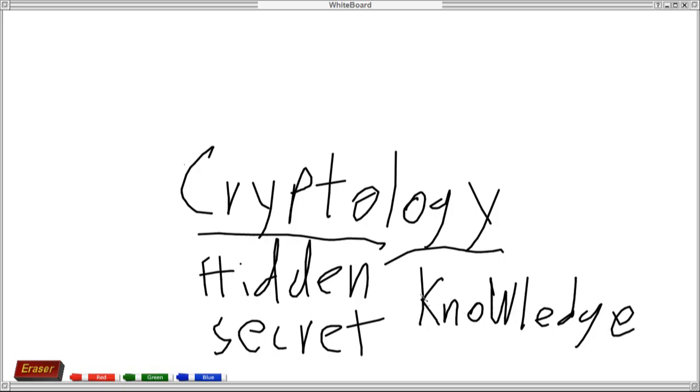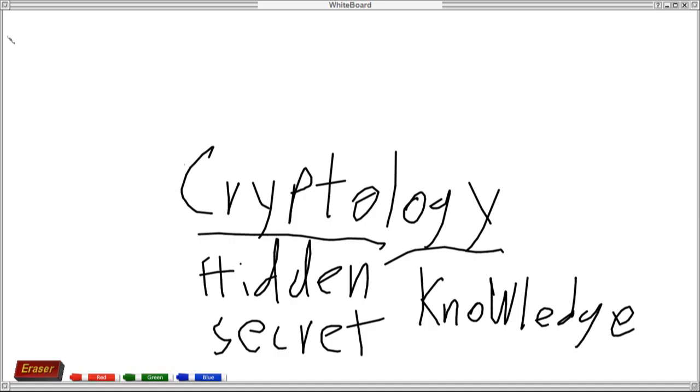So cryptology pretty much means knowledge of the hidden, or knowledge of keeping secrets, and basically it has to do with algorithms. It has to do with encryptions, that sort of thing.